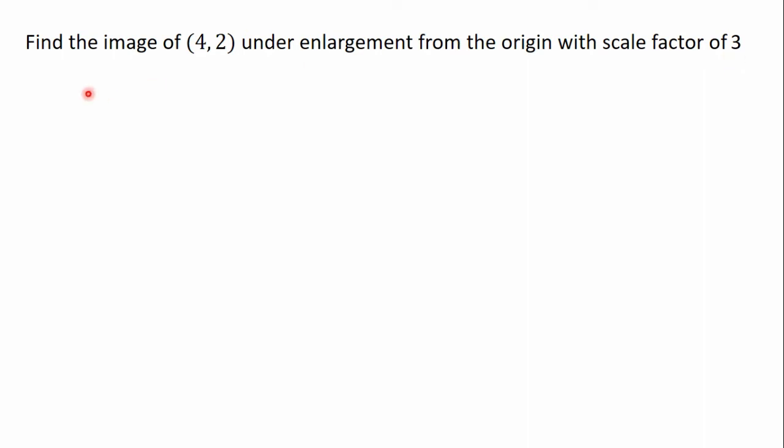We are going to find the image when the point (4, 2) is enlarged from the origin with a scale factor of 3. We have learned that when a point is enlarged from the origin, to get the image, we will multiply the scale factor by the point. So the image will be equal to the scale factor times the point. So the image of (4, 2) will be equal to the scale factor, which is 3, times the point, which is (4, 2).